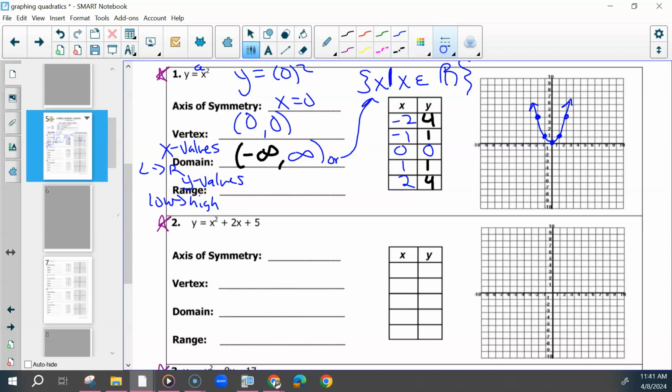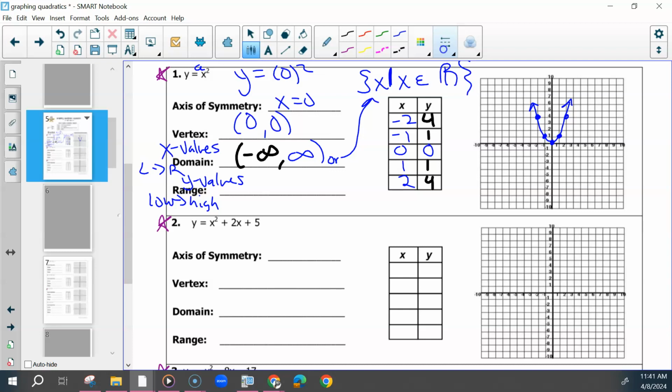It reads x is an element of all real numbers. These are saying the same thing, just in different formats: interval notation, set builder notation. It's saying this is starting at negative infinity and going to positive infinity with everything in between. Same as this. Okay. Domain will always be the same for all your quadratics.